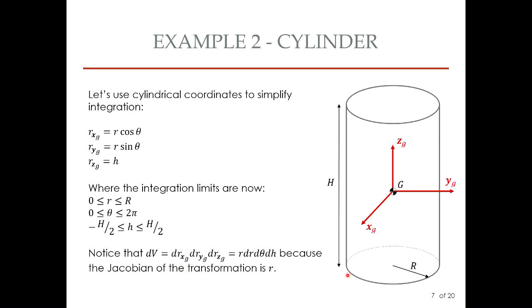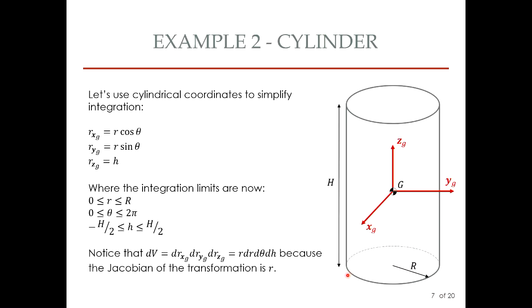Okay, next shape is the cylinder. And what we will do here is a transformation of coordinates. For our ease of integration, instead of working with Cartesian coordinates x, y, z, we would be better off working with r, theta, and z.